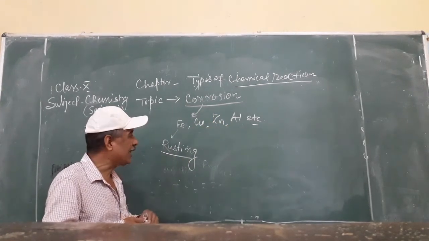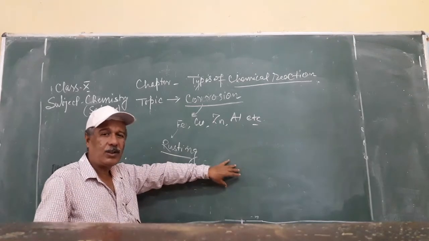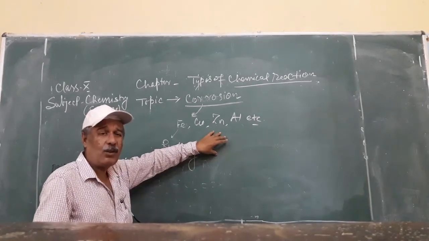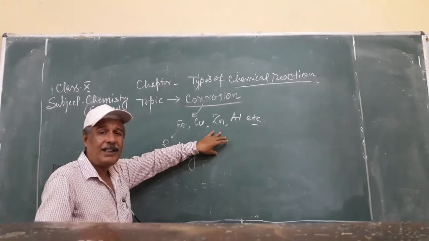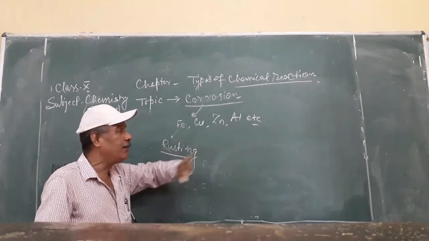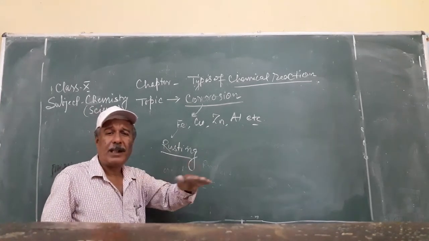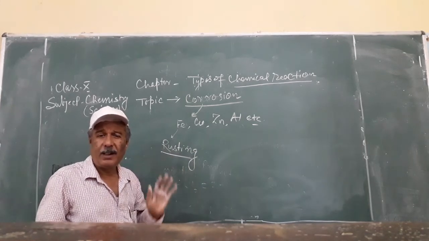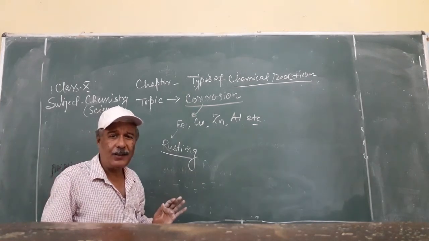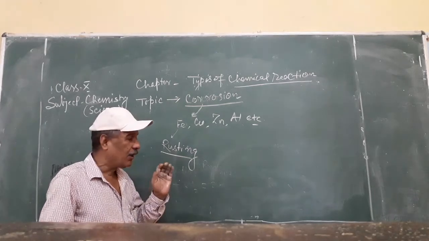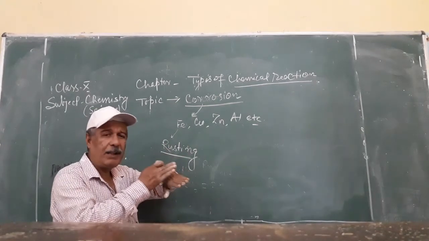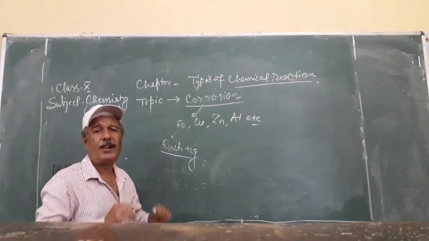And students, you are also aware that in order to minimize or avoid corrosion, generally what we do is make a coating of paint on it for temporary relief, or a thin layer of another metal is also covered over it.